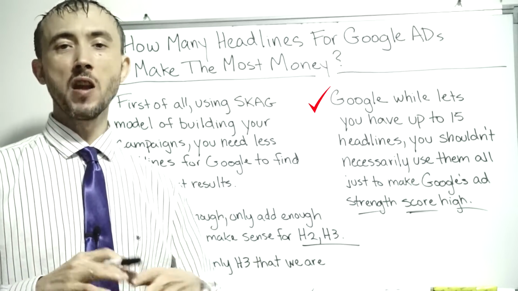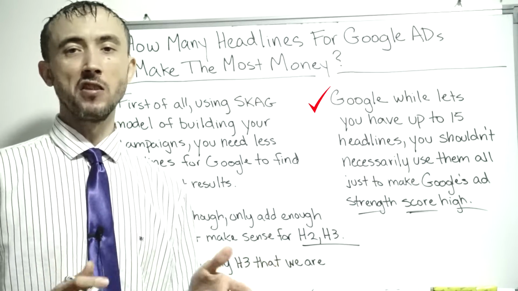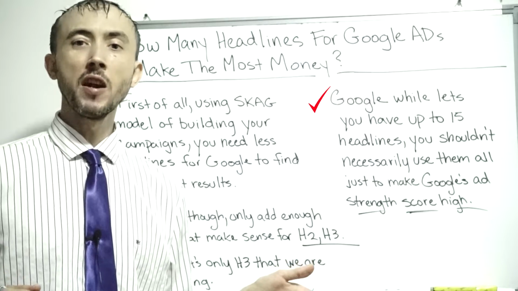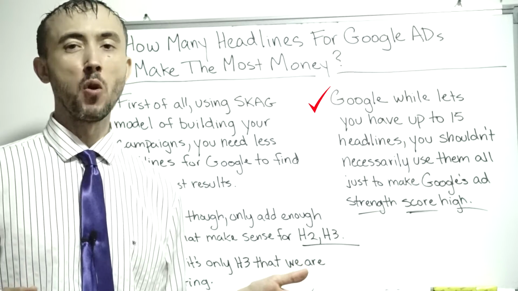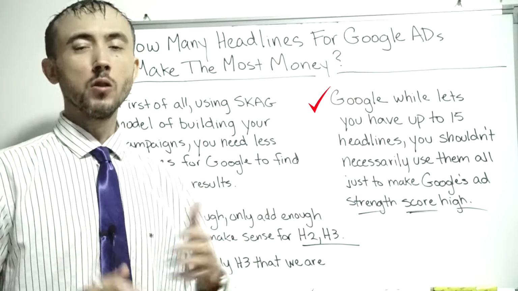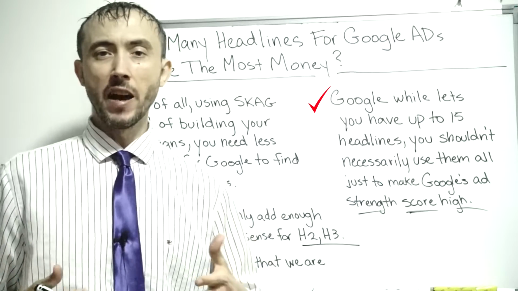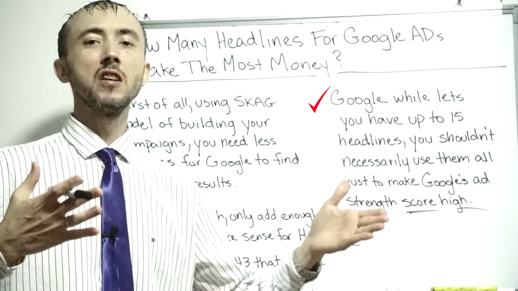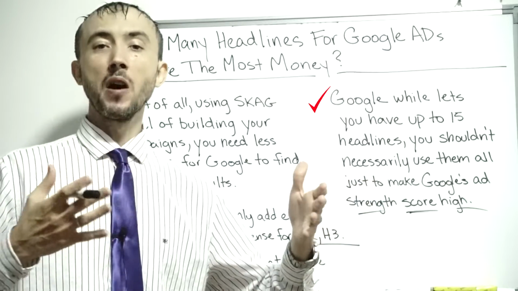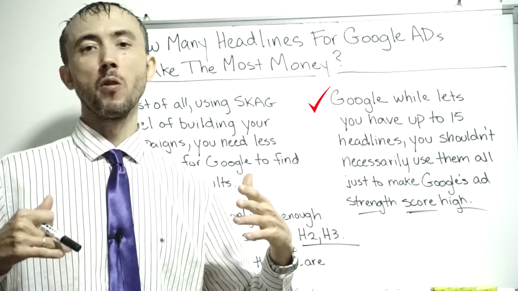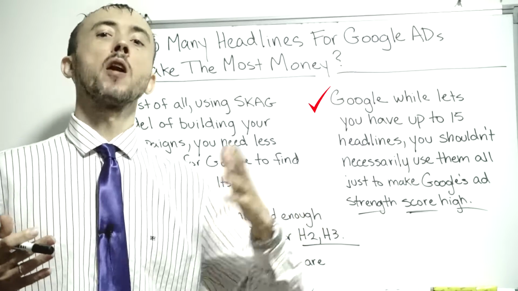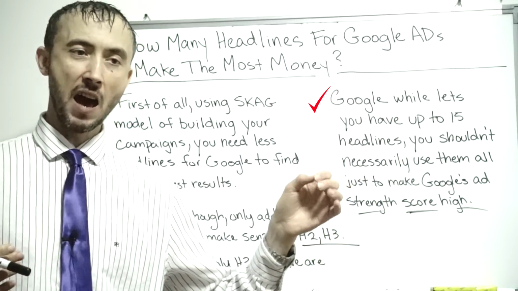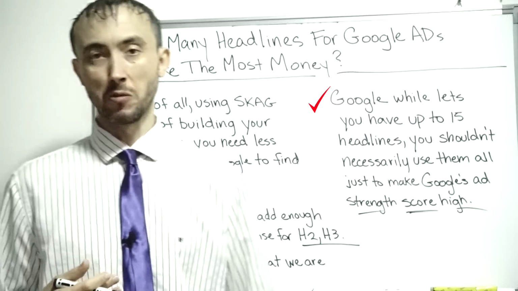If you know nothing about writing ads or ad headlines, you don't know a good ad from a hole in the wall, Google wants you to put in a lot of headlines into your ad because it gives them the highest chance of finding a good enough ad that they can run your ad on Google and not have their users get a terrible experience.